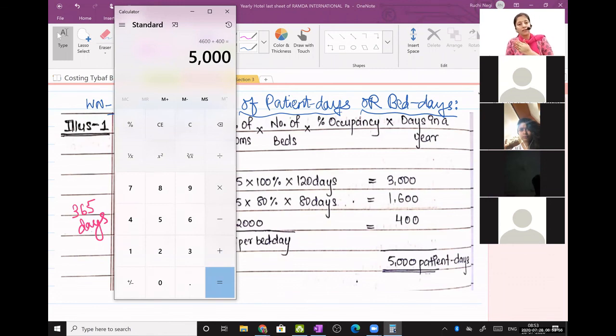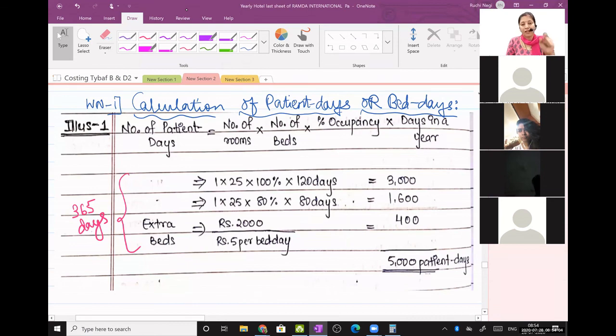So in a year, 5,000 beds were there. In a year, the hospital has put up 5,000 beds. 5,000 patients have visited you. Clear?